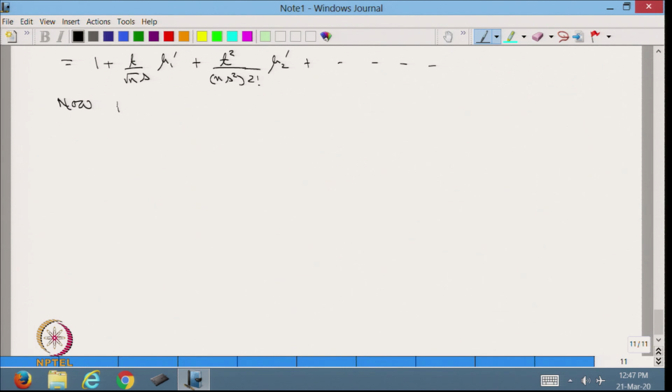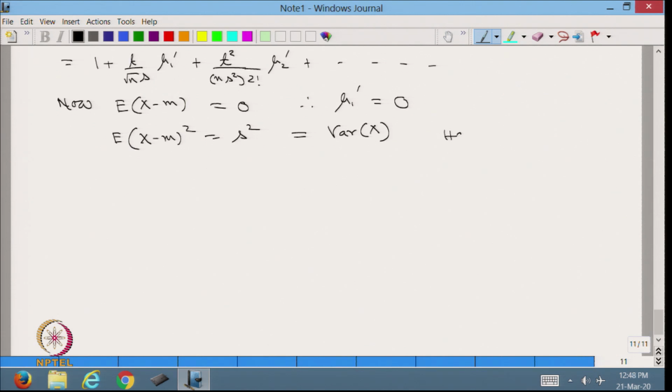Now, the expected value of X minus m is equal to 0. Therefore, mu 1 prime is equal to 0. The expected value of (X minus m) whole square is equal to s square, because it is the variance of X. Hence, mu 2 prime is equal to s square.